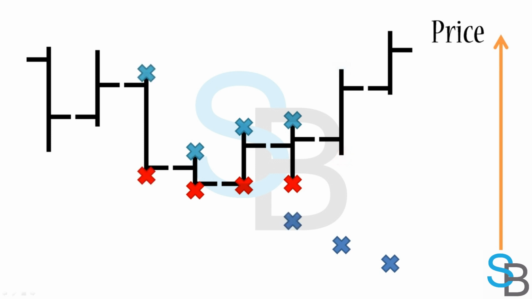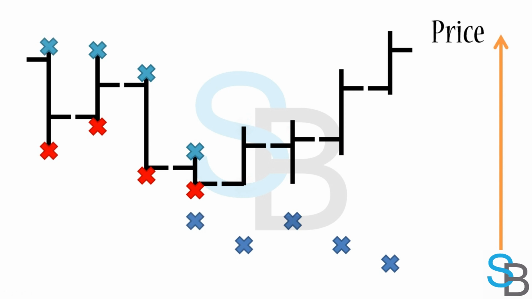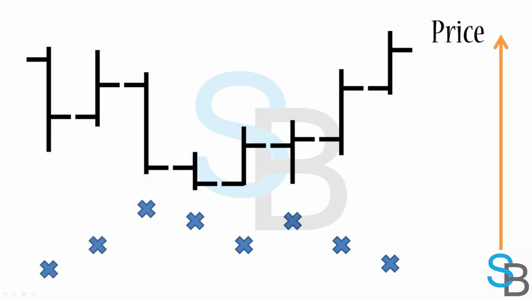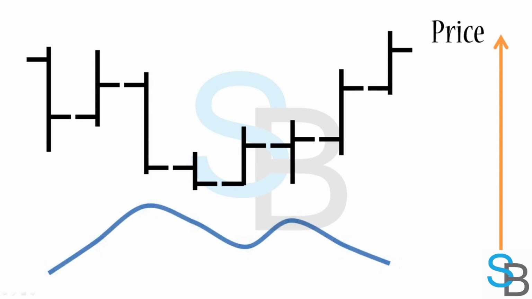Let's do that again. Once more, we've got 4 bars, and the average true range plotted under the last of the 4 bars. We can do that again and again. We just keep going as far left as we want to, and we get all these little crosses at the bottom. Now we connect the crosses with a line, and that's what it looks like.